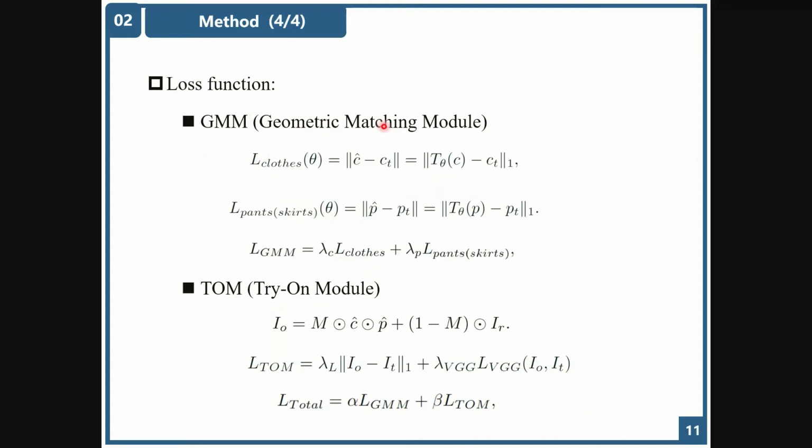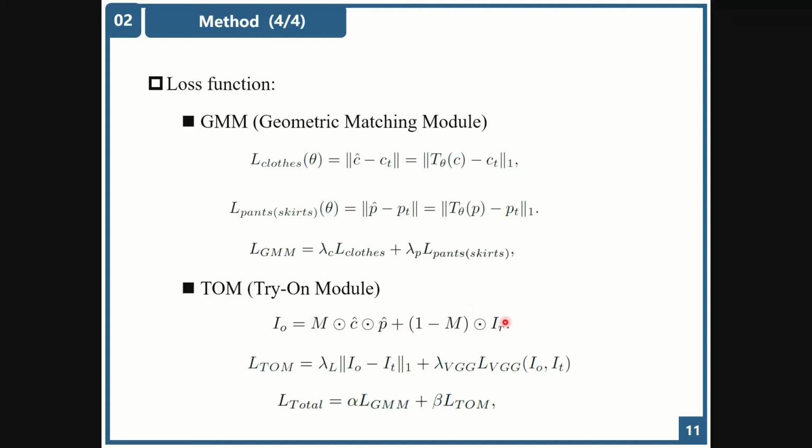For the geometric matching module, we use L1 loss to optimize our network as shown below, regardless of clothes or pants. So the total GM loss function is the sum of both clothes and pants. As for the try-on module, I_O represents the try-on output images generated from C hat and P hat, meaning the deformed clothes and pants respectively.